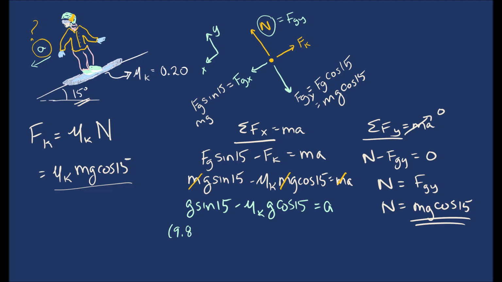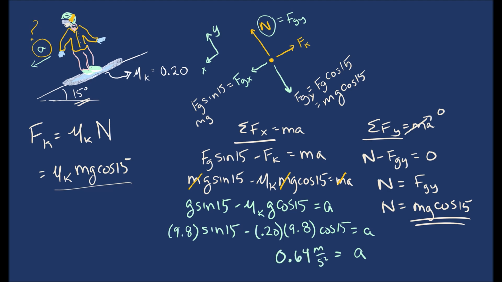So we got 9.8 times sine of 15 minus mu k was 0.20. That was given in the problem. Okay, and when we plug in and solve, we get that the acceleration is 0.64 meters per second squared.